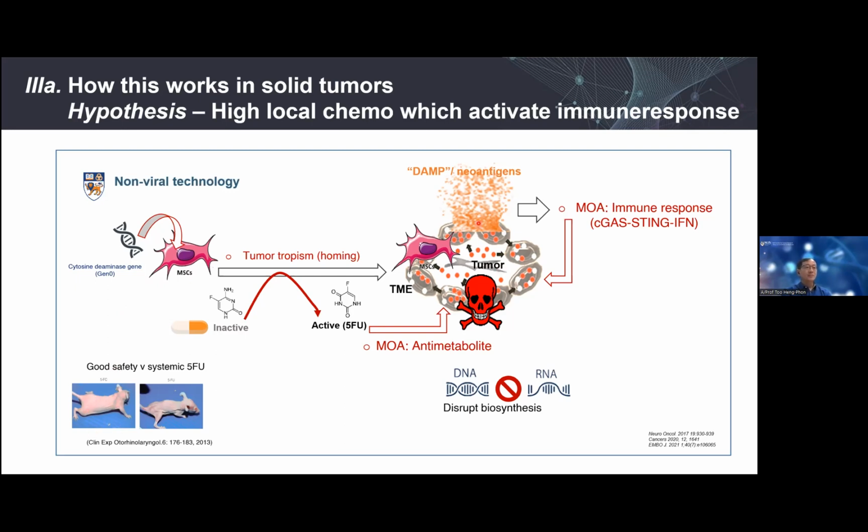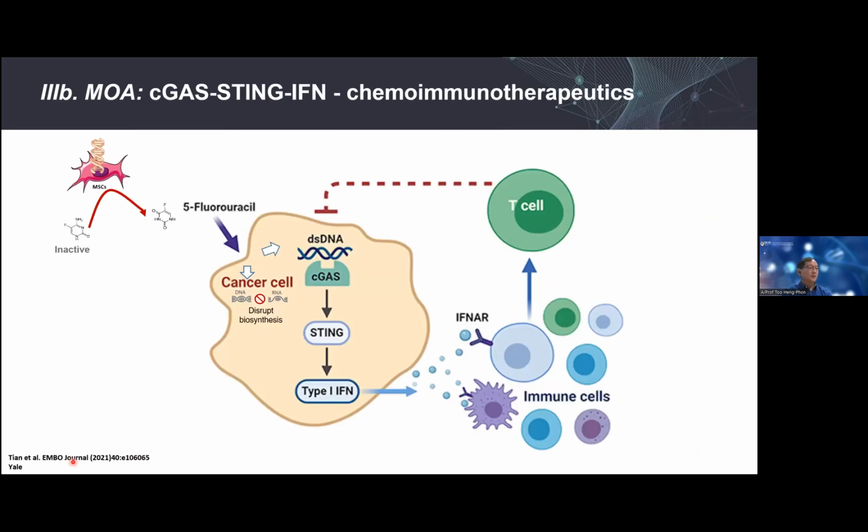Now, how does this part work? Essentially, it's published by a group at Yale. They published in the EMBO Journal about a year and a half ago. What they show is that when 5-fluorouracil gets into the cancer cell, it breaks it down and kicks off the cGAS-STING pathway, releasing interferon beta, which brings in the T cells.